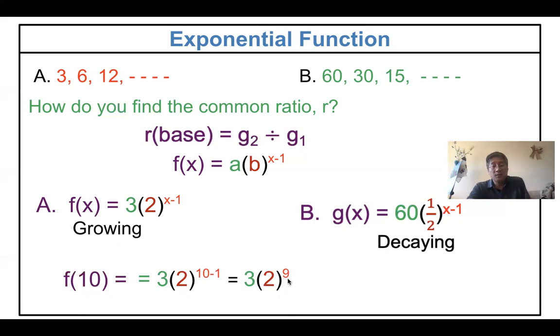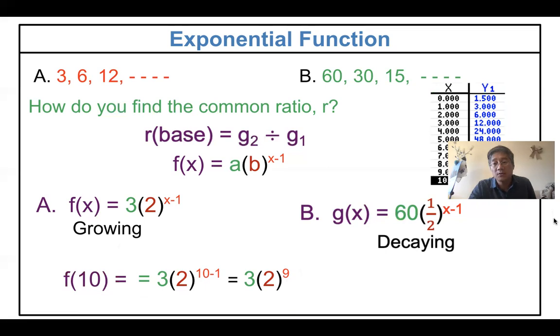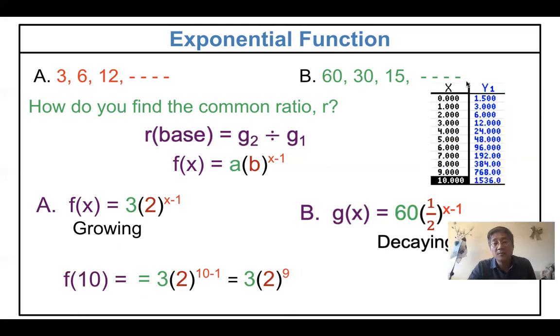You can just put 3 times 2 to the 9th power in the calculator, and the calculator will give you the answer. Or if you put it into graph mode, the calculator will show you a table like this, right? I put y equals 3 times 2 to the x minus 1 power in graph mode, but it's up to you.